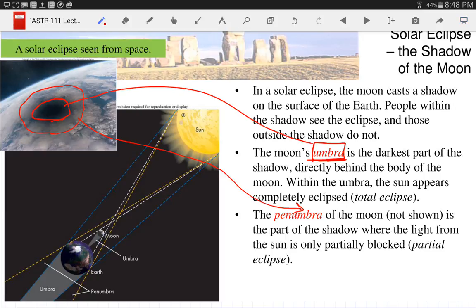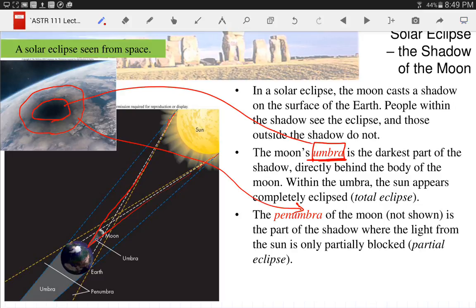If you look in this picture, it has nicely drawn the white lines going from one side of the sun to the opposite side of the moon. It doesn't have all the lines you would have. It would also be nice to have the other lines, it only shows the end part of these lines.